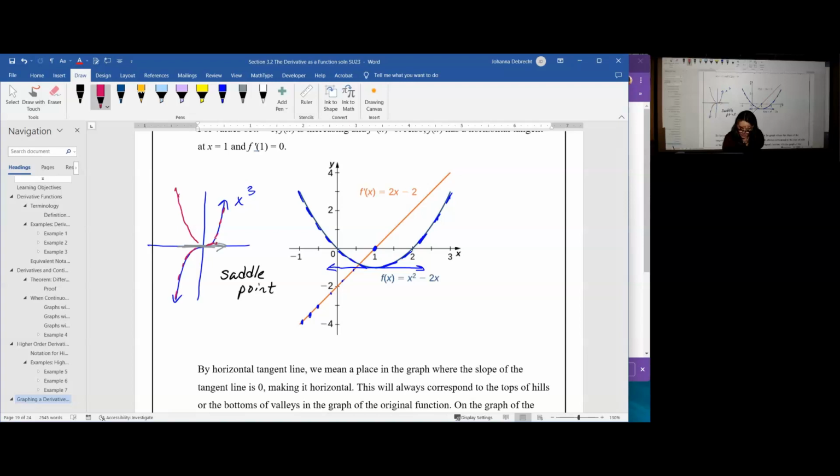So low and then higher and higher and higher, which means, you guessed it, the derivative of a cubic is a quadratic. This saddle point also creates an x-intercept in the graph of the derivative, which you can see right here at the vertex of the derivative drawn in pink.